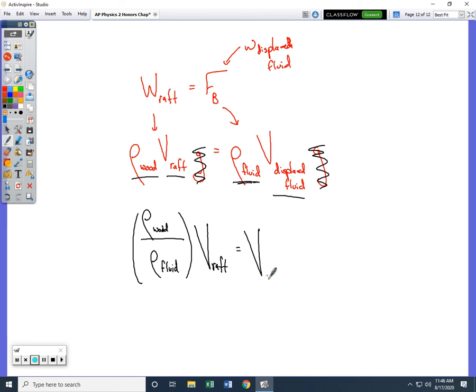This would equal the volume of your displaced fluid. So basically what we're saying is there's a ratio, the ratio of the densities multiplied by the original volume will tell us how much volume is actually being displaced. So since we knew the volume of the raft, and the densities of the raft and the fluid, we could actually find how much volume of water would need to happen. And if this ratio was greater than 1, obviously it doesn't float, but this goes back to things that you were talking about before.